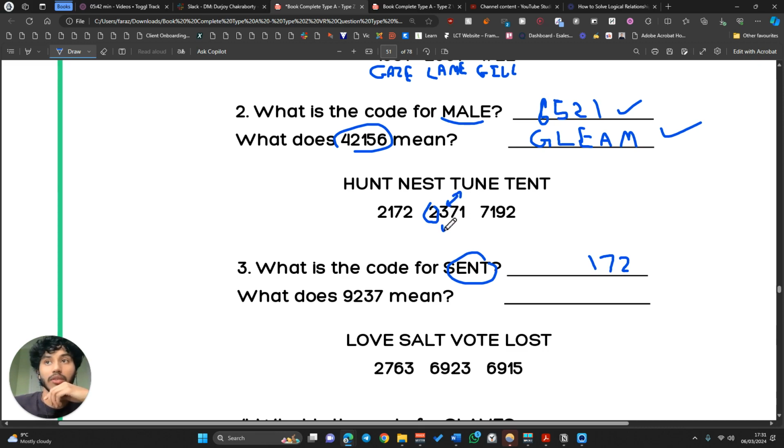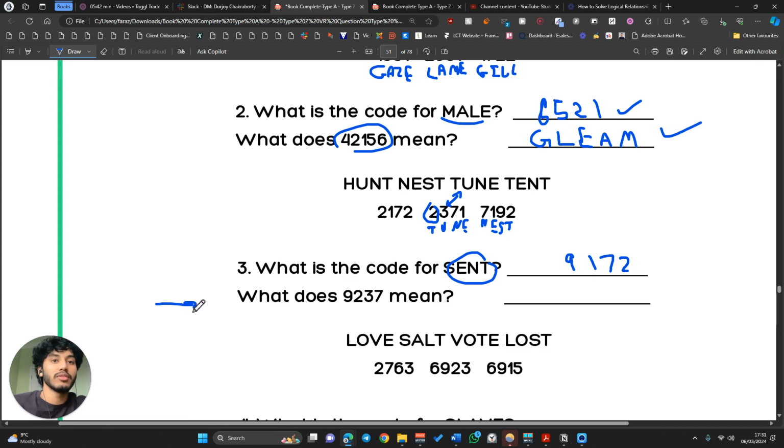So these are going to be linked. So it's going to be tune. And N is 7. So this is going to be nest. And from that we figured out what S is. S is equal to 9. If we put that in there, 9172.